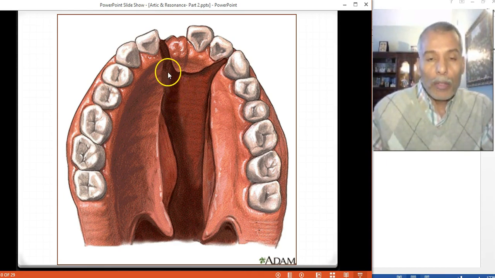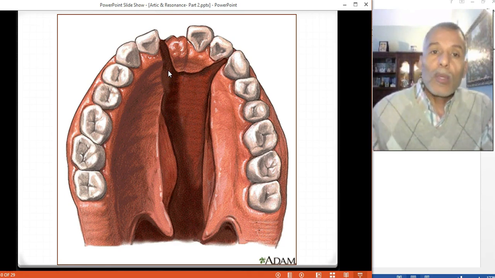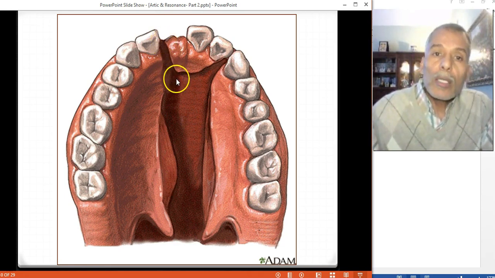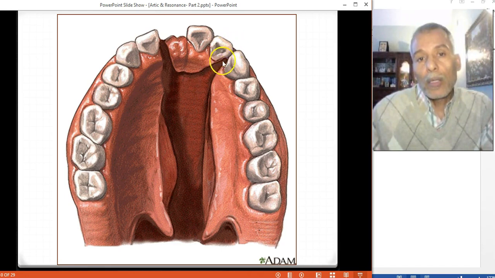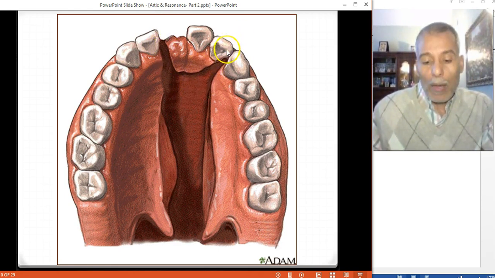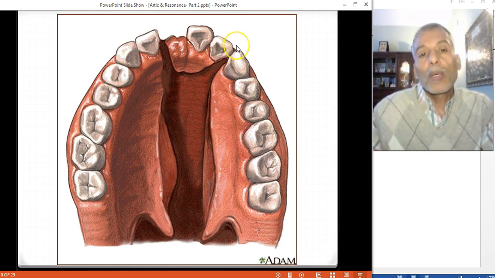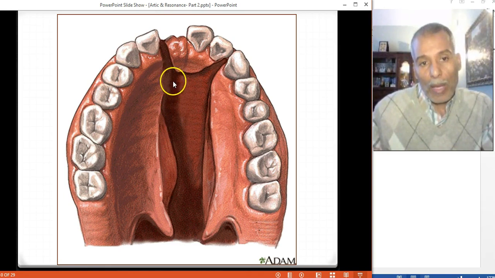There are, for example, situations where the two parts here in the front, lateral, left and right, do not fuse. And if the two parts do not fuse, we call this unilateral cleft lip, and then you have the cleft palate as well.